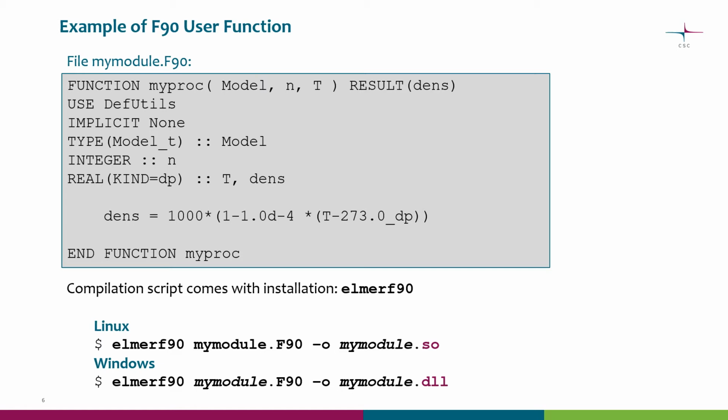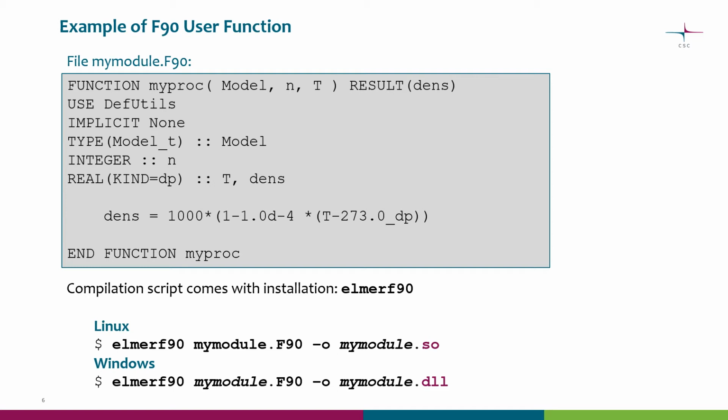Here the temperature is now the T, and N is the nodal index, and model is basically the whole Elmer model, including all the data in the structure. So here we evaluate exactly the same function and return the value as the return value of the function.